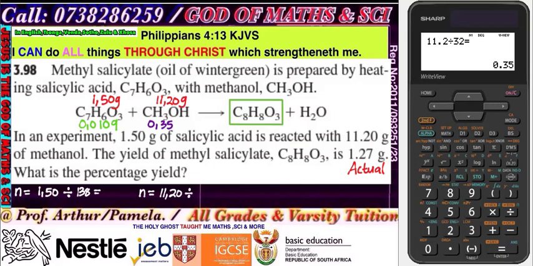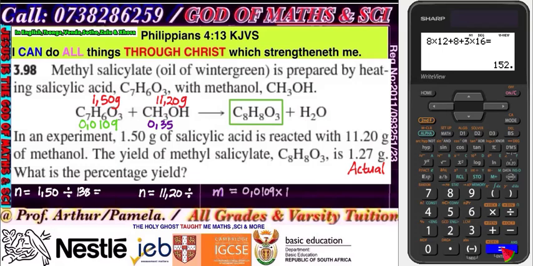So we can just write it and say the mass of that one, because it's like on standby. The mass is going to be 0.0109 times the relative molecular mass. We got carbon is 12, 8 times 12, and then plus hydrogen is 8, plus 48, which is basically 3 times 16. That's 152.